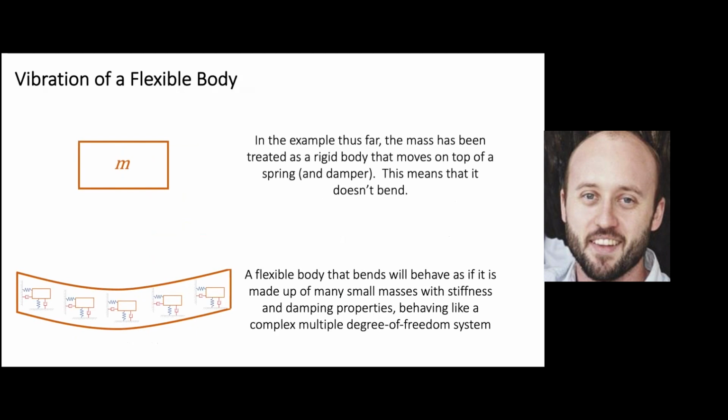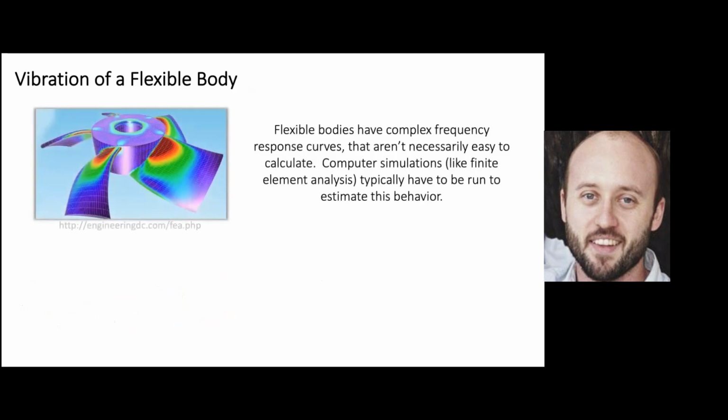So this is where our system is starting to get a little bit more complex, but we can still use that fundamental building block of small spring mass damper systems occurring at small points along the way of this bending beam, and then all of it adding up together to start to form a new type of behavior, which is starting to look a little bit more like the real world.